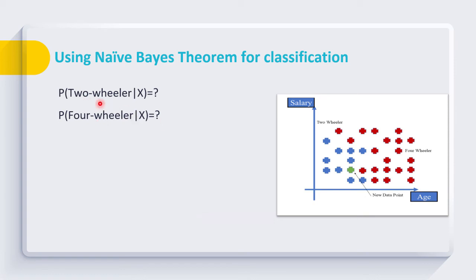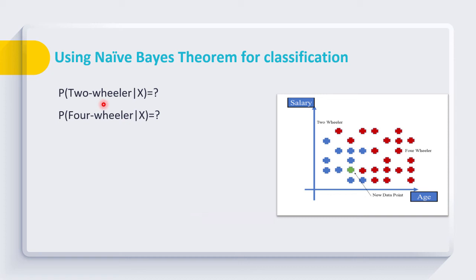Actually, you can consider these two as hypotheses. One hypothesis is that this new employee will commute to office on two-wheeler, and the second hypothesis is that this new data point X will commute to office on four-wheeler. So we have to check the probabilities of both of these hypotheses.